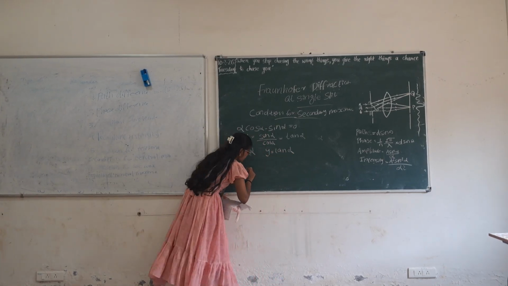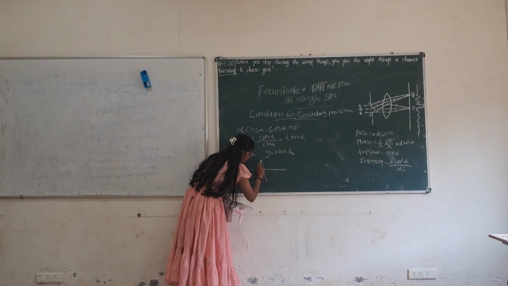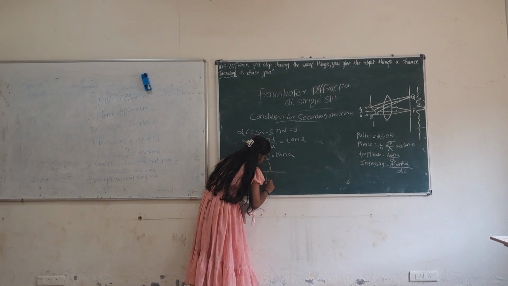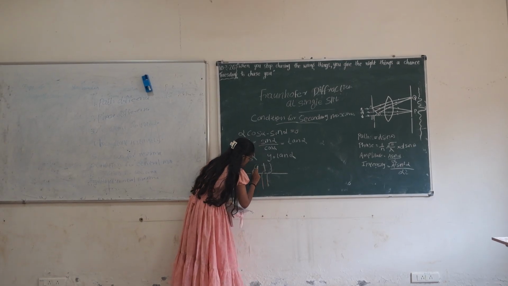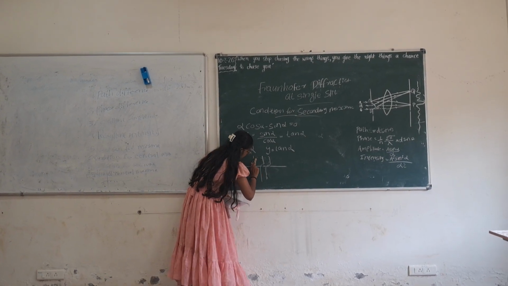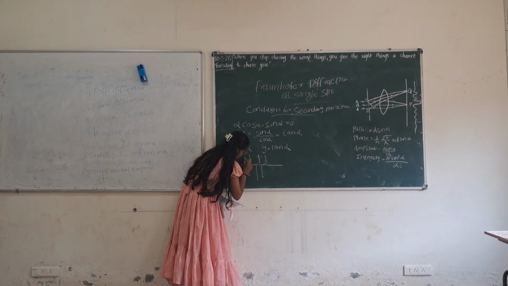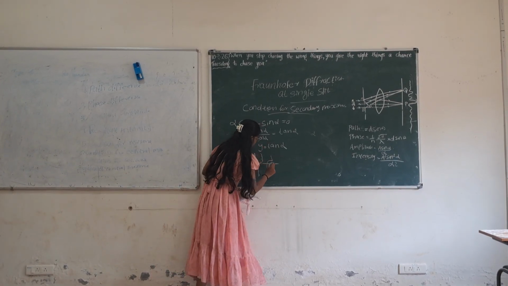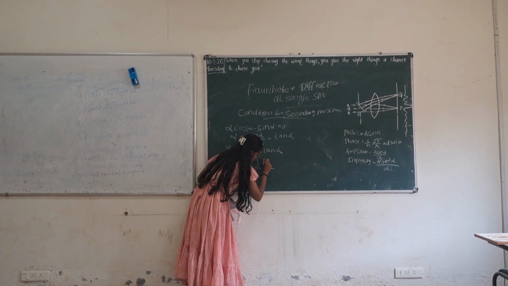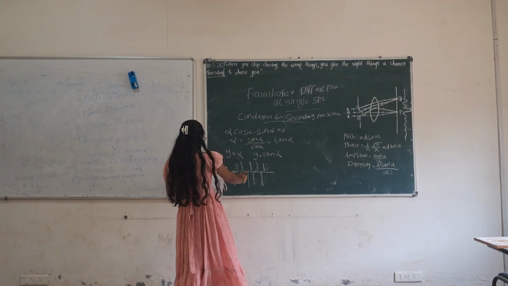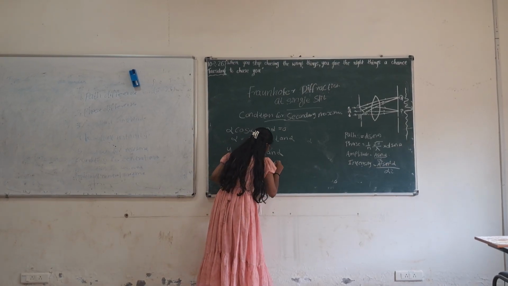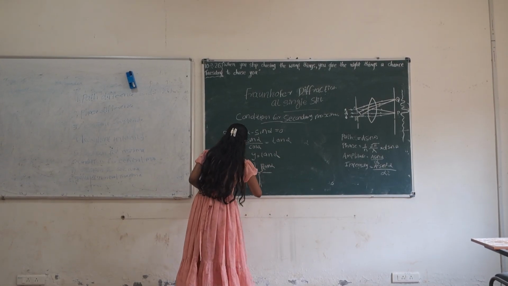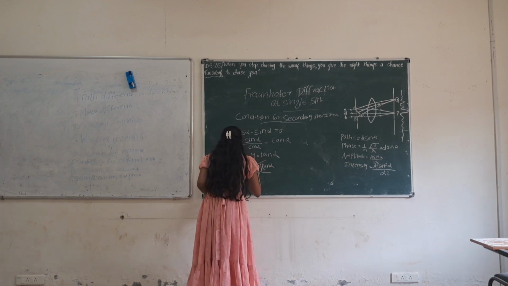So the graphical representation is this, the graph of tan alpha, and here the graph of alpha.